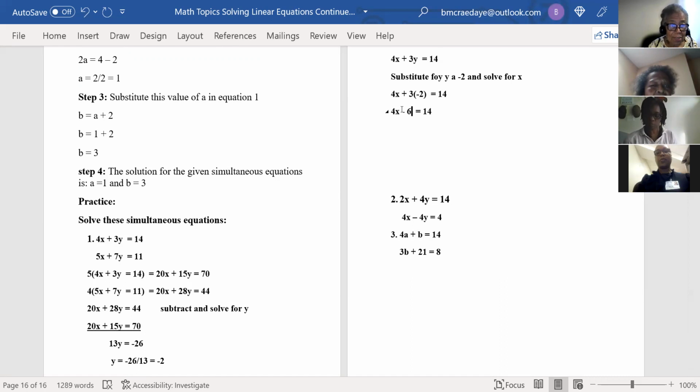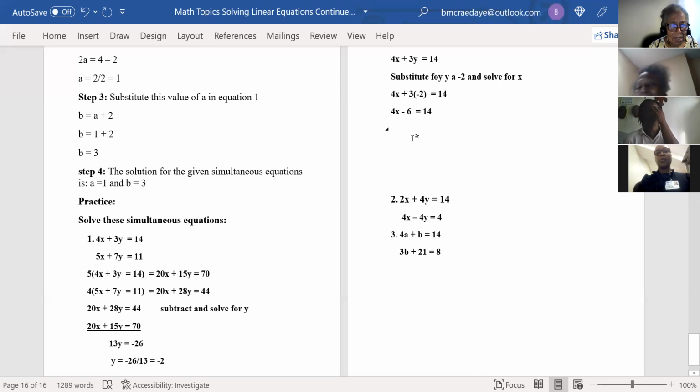Then what do you do next, Maureen? Divide. No. You've got to get these numbers, the 6 and the 14 together, those constants. So how would I get the 6 on the right side? Divide. No, how's it connected on the left side?